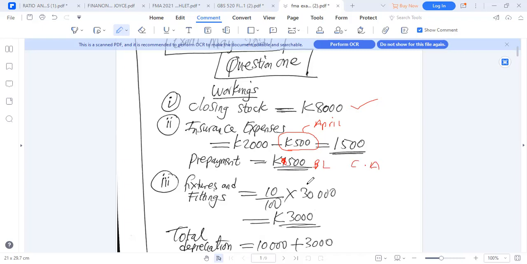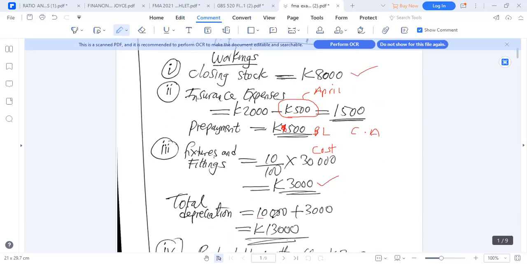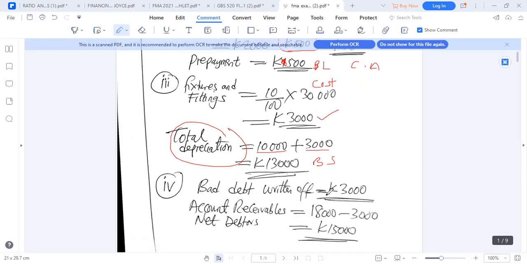Then fittings and fixtures, we do 10% of the cost. So directly, 10% of 30,000 is 3,000. But there was another accumulated depreciation of 10,000. When we add them, this is the total depreciation which will go into the balance sheet, 13,000. And the bad debts written off, 3,000. From the 18,000, this 3,000 will go in the profit and loss account. So our debtors figure will be at 15,000.